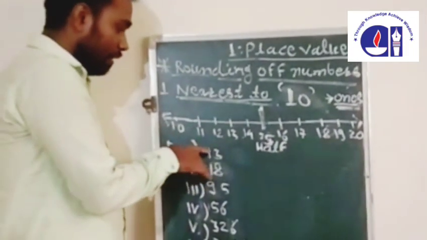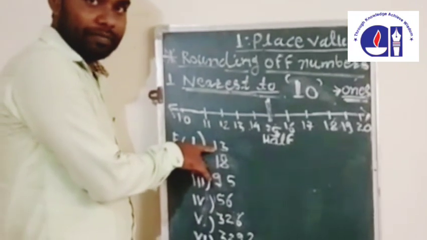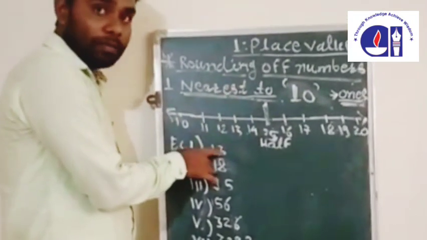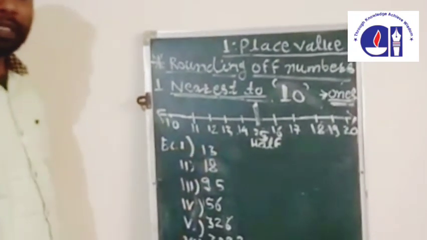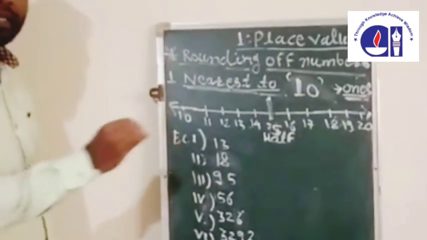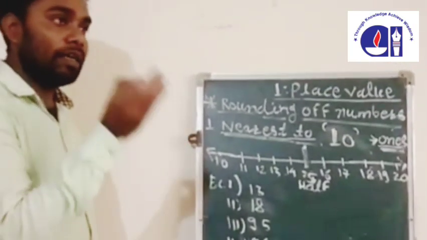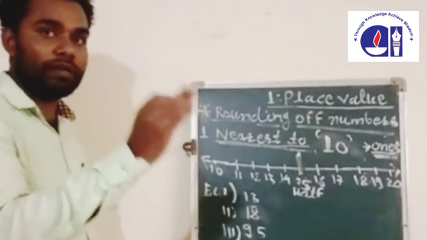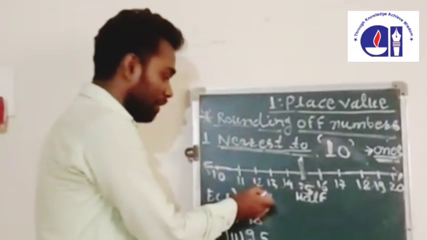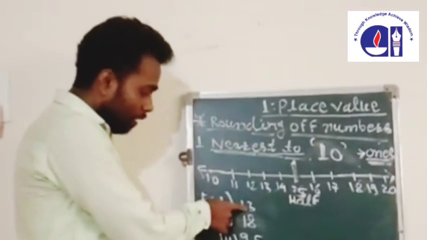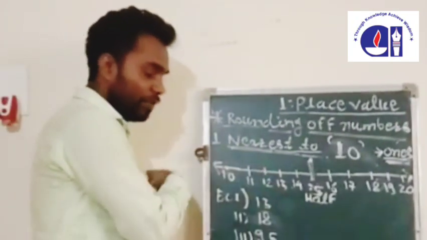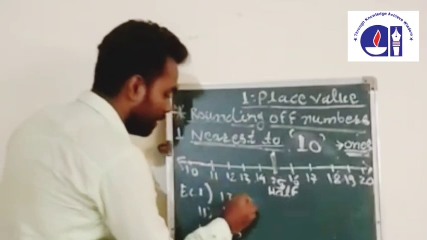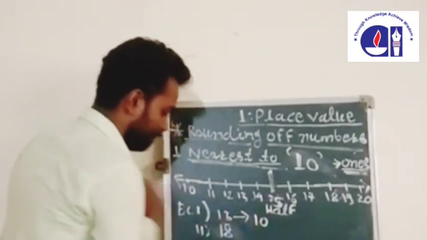The first example, the first number given is 13. The ones place of this 13 is 3. If the ones place digit is less than 5, that means 0, 1, 2, 3, 4, we have to round to the back 10. The back 10 before 13 is 10. So 13 is nearest to 10.